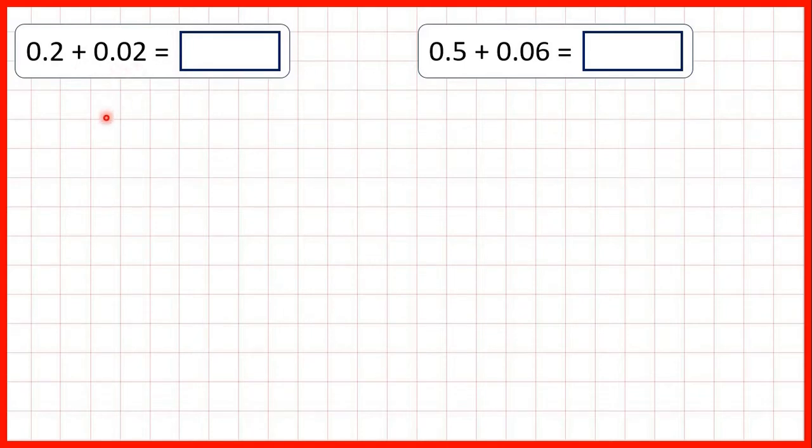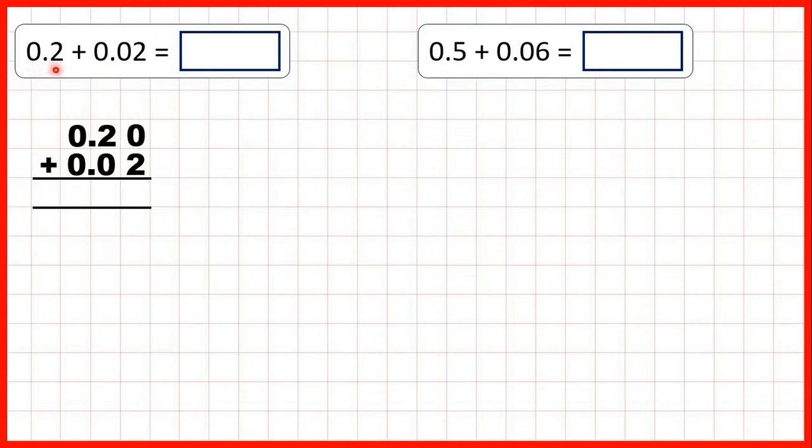0.02. We can set this out as a column addition, but we need to make sure that our decimal points are lined up, because if our decimal points are lined up, then our ones, tenths, and hundredths columns will be lined up as well. We can write 0 in empty squares, because we haven't changed the question.